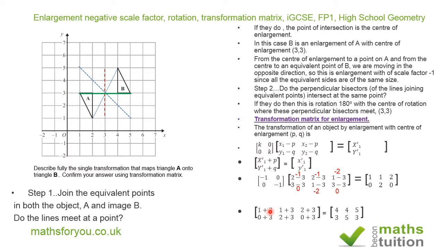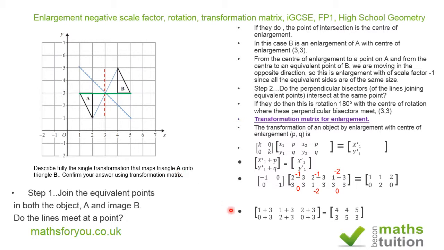We add 3, being the x-coordinate of the center of enlargement, to 1, and that will give us 4. We then add 0 plus 3, that will give us 3. Now, this means that for the object at 2, 3, the image equivalent is 4, 3.